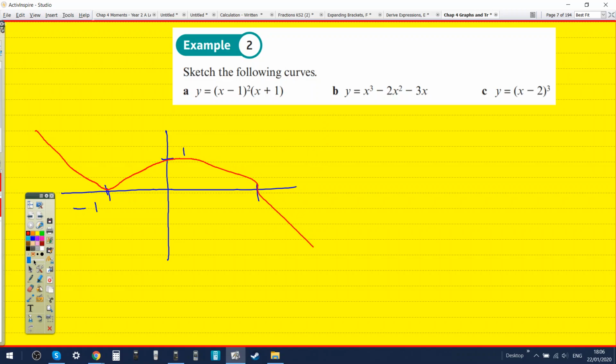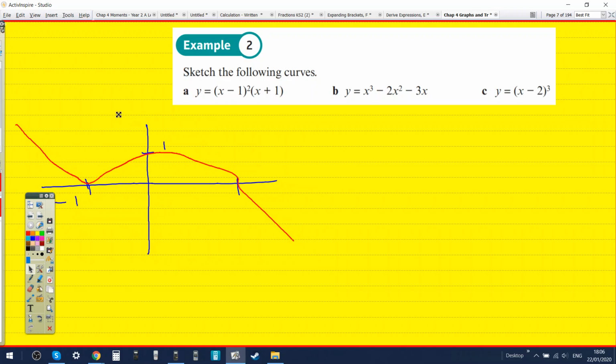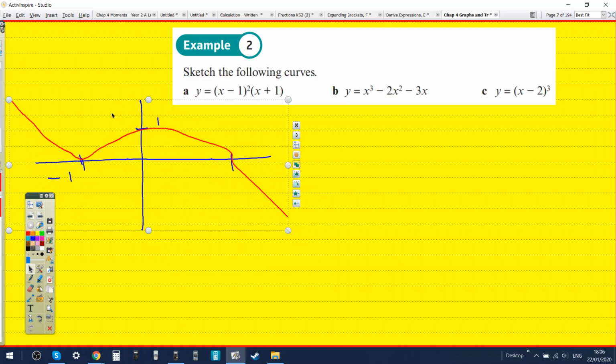How do you do B? So you have to expand, factorize it. Sure you do. Calculator? Okay.